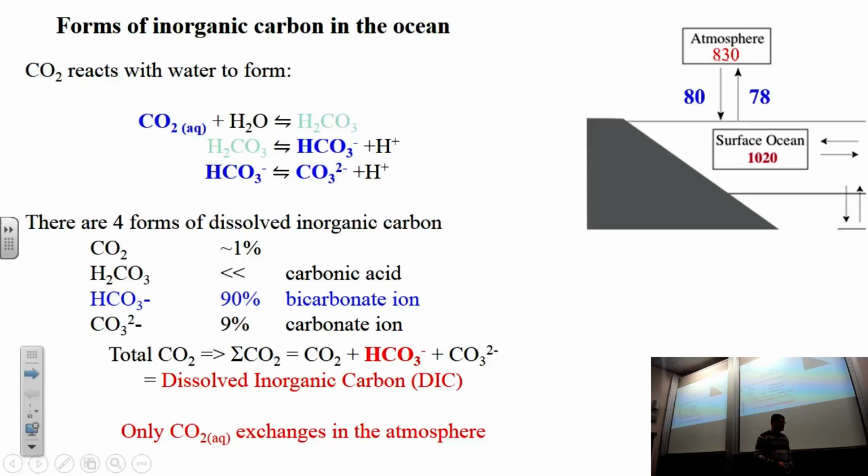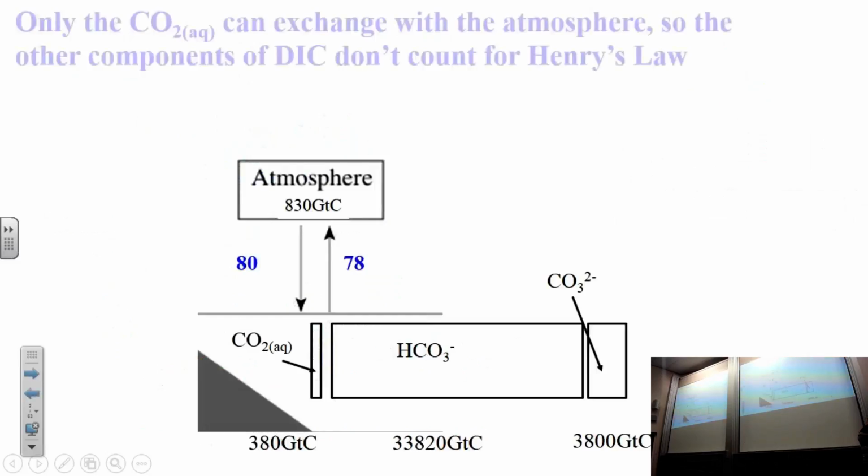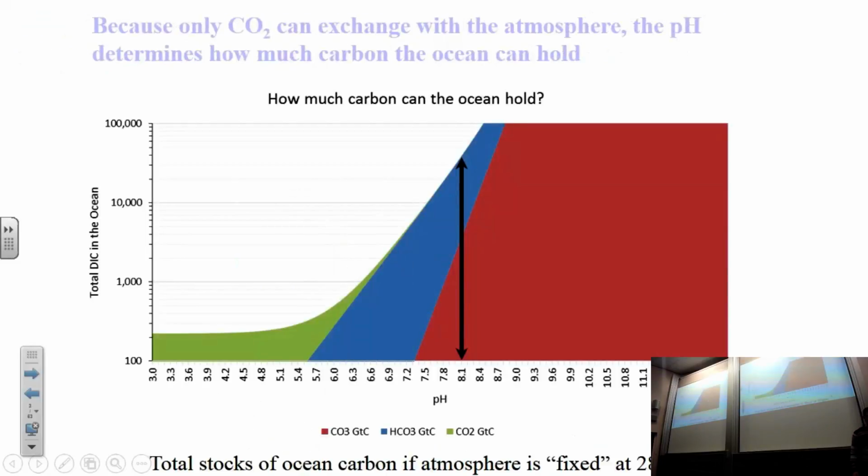And importantly, only the carbon dioxide species can interact with the atmosphere, whereas the carbonate and the bicarbonate cannot. So the proportions of these carbon species in the oceans determine how much carbon can actually be in the atmosphere and how much can be in the ocean. And that's what this plot says.